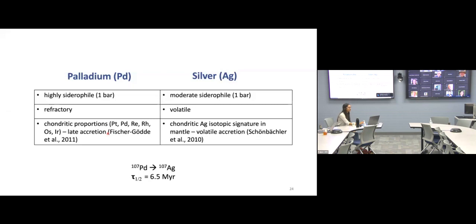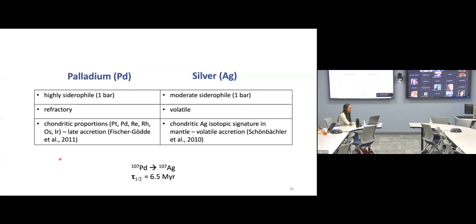In case someone doesn't know what chondrites are, these are primitive undifferentiated material that are oftentimes used as bulk starting materials for planets. So they're sort of compositional standards. And it appears that both palladium and silver in the mantle came from chondrites.